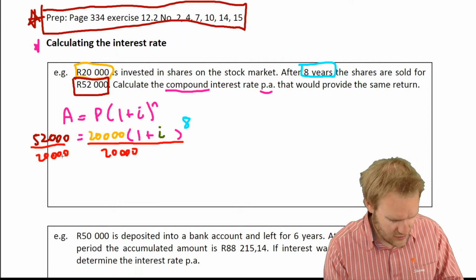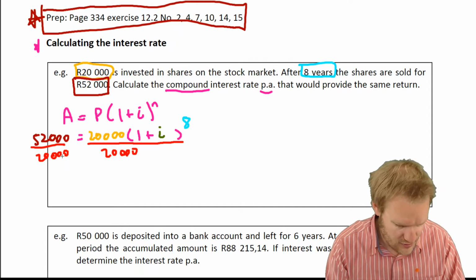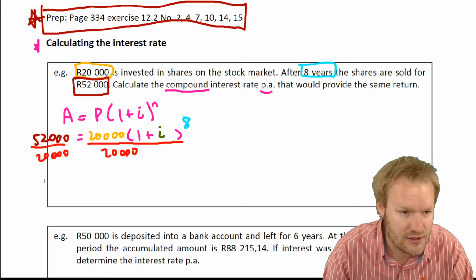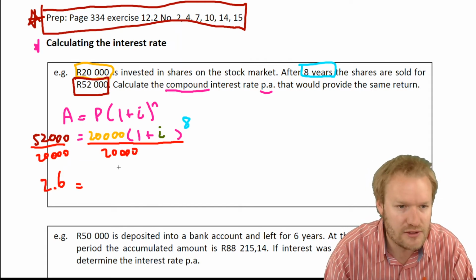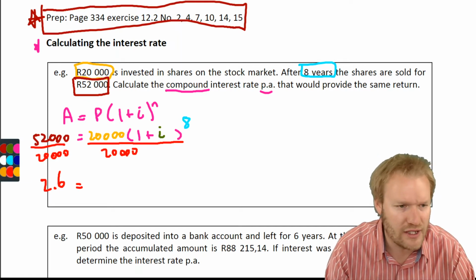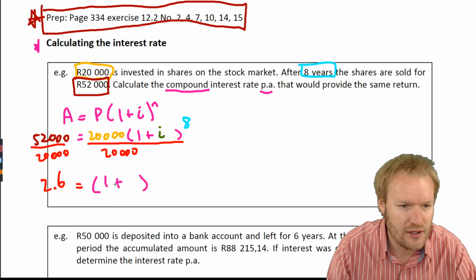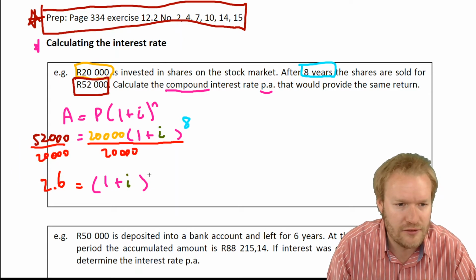So 52,000 divided by 20,000 is 2.6. Now, if that were some sort of rounding off thing, we'd just go dot. We'll do that next. Okay, equals, we left, this is 1 plus i to the power of 8.